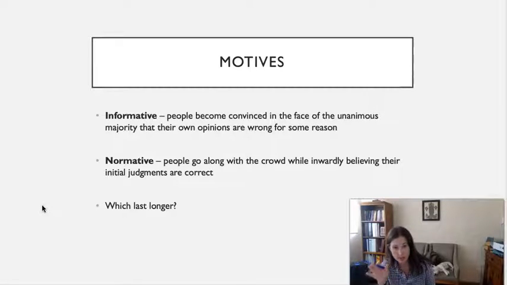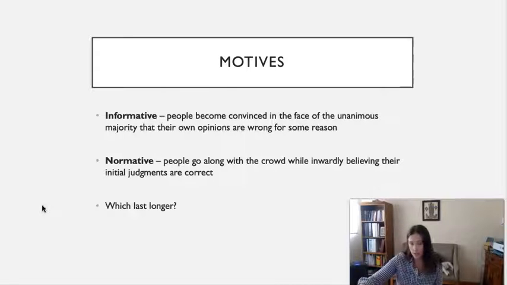So she assumed this is what you have to do. That's going to be informative. There are probably some people there who were doing it for normative reasons. They just didn't want to look weird. But the fact that she continued it even when they're gone is a sign it's informative, because if it's normative social influence, that's not necessarily the case.